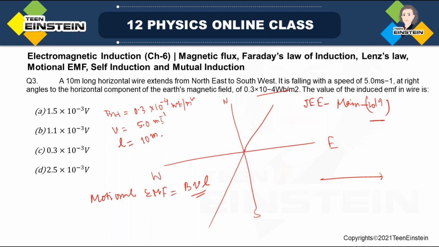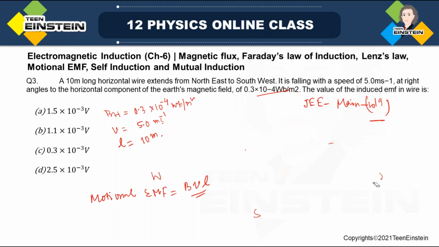Since it is falling perpendicularly to the horizontal component of the magnetic field, the value of induced EMF will be equal to BVL.